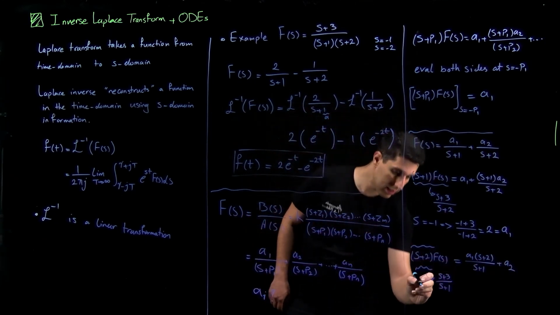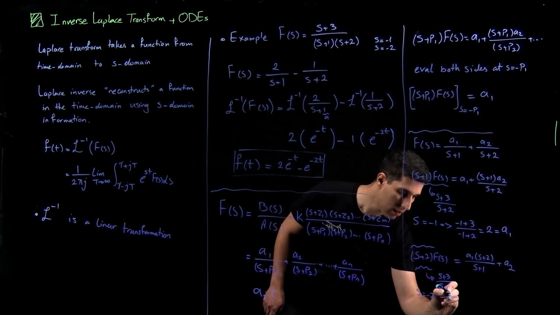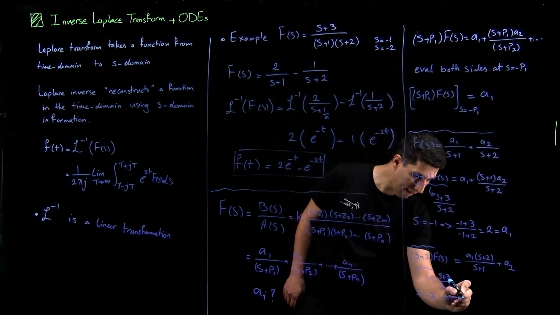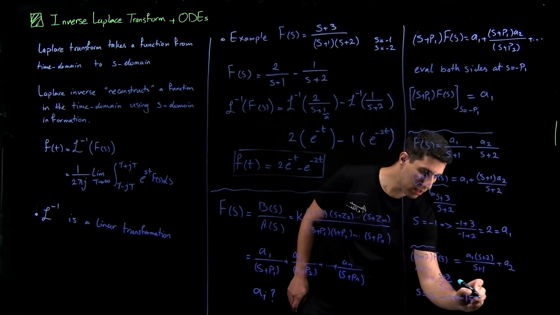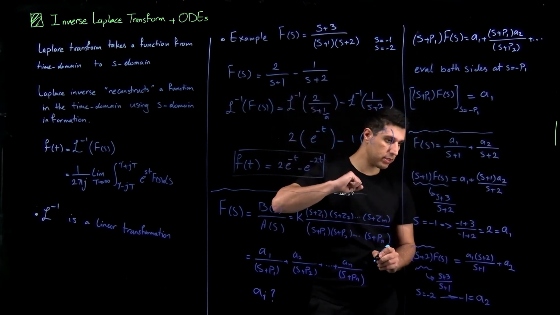Evaluating at s equals minus 2 gives me 1 over minus 1 equals A2, which is the same as this.